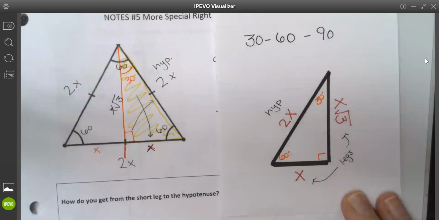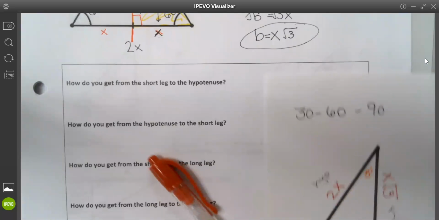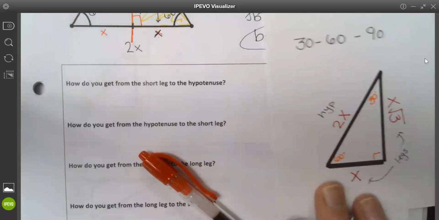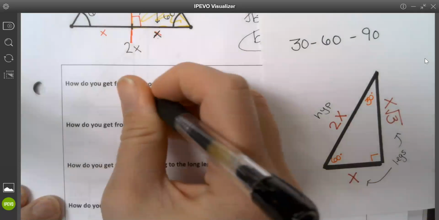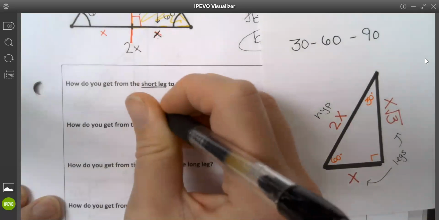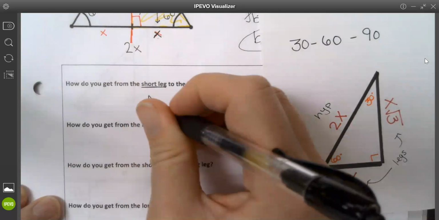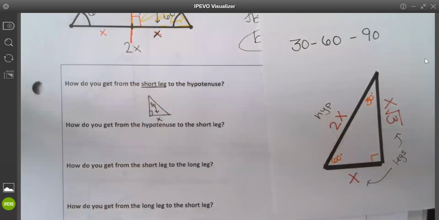Okay. So we want to talk about how I get from one side to the other. There are now more possibilities. How do you get from the short leg, meaning always in my triangle, the side across from 30, which is x? That's my short leg. And then the side across from 60 is longer.